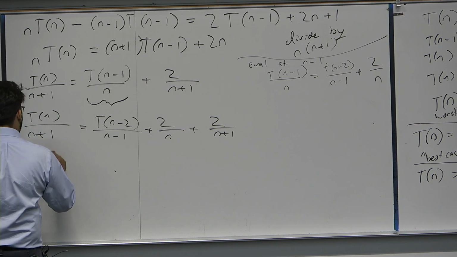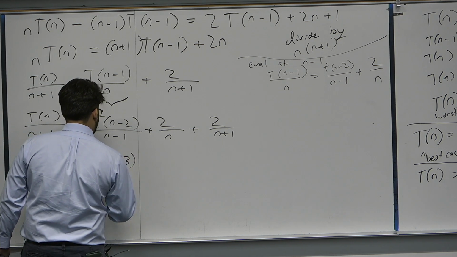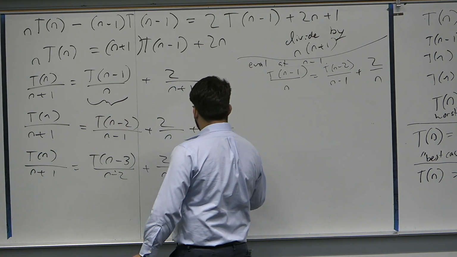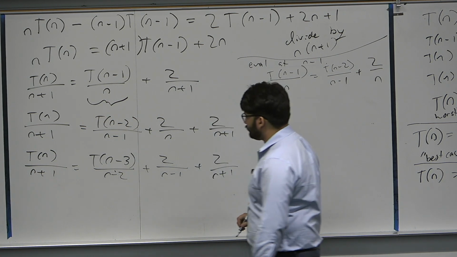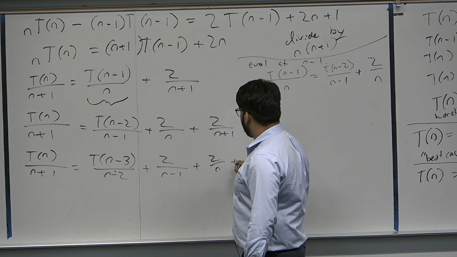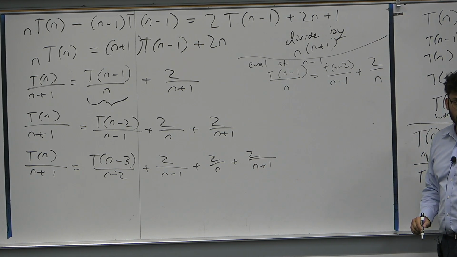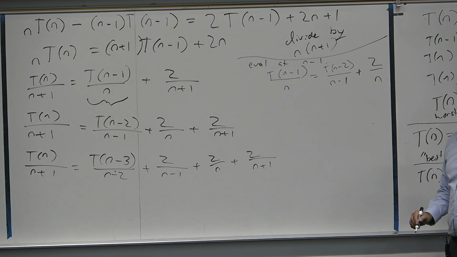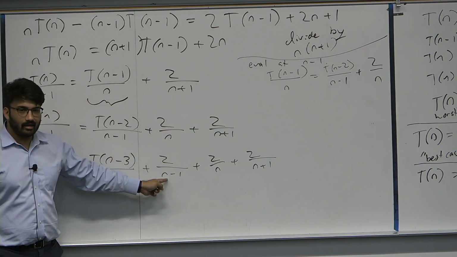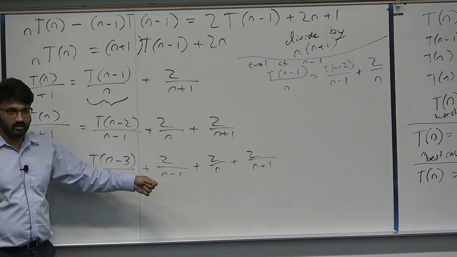We're going to get T of n over n plus 1 is equal to T of n minus 3 over n minus 2 plus 2 over n minus 1 plus 2 over n plus 2 over n plus 1. Do we agree? So every time I decrease the n in this term by 1, I add a term here. It's like a factory.